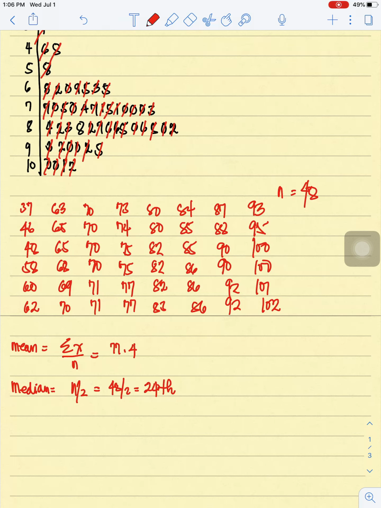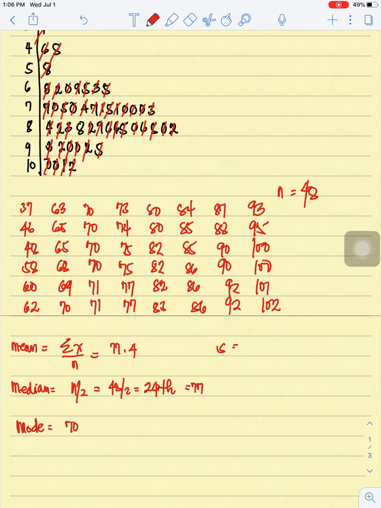What is our 24th value? We have there 77. Next is the mode. The mode is the most frequent value that appeared. We have there 70.